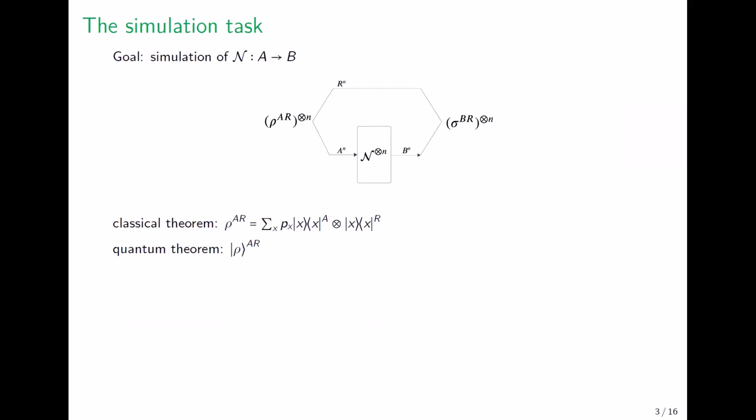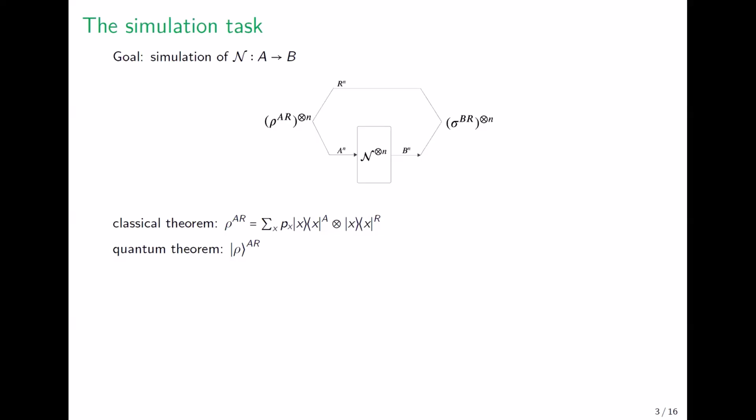So let's talk in more detail about the task of the reverse Shannon theorem. We want to simulate a channel, meaning that if we have an input, we want to construct an output. The output is constructed by applying a channel on one part of the system, A, and on the other part nothing is done, and it acts like a reference system.